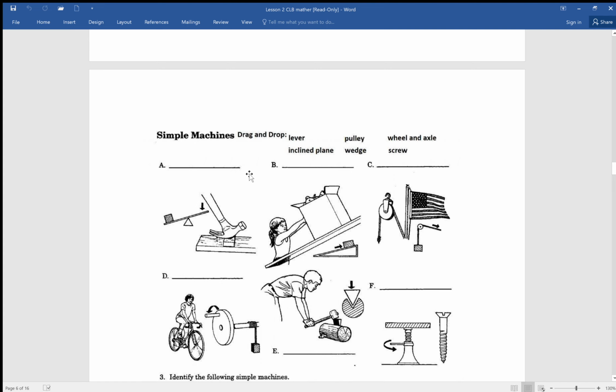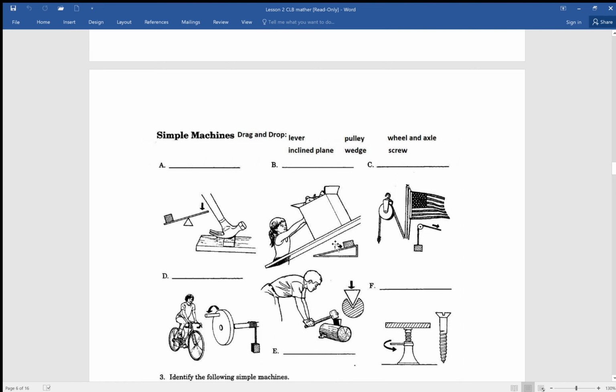I'll cover the fulcrum, the loads, and the work required in a separate video. For now, we're just going to assume this is like a seesaw, and when you put force here, this object moves here.